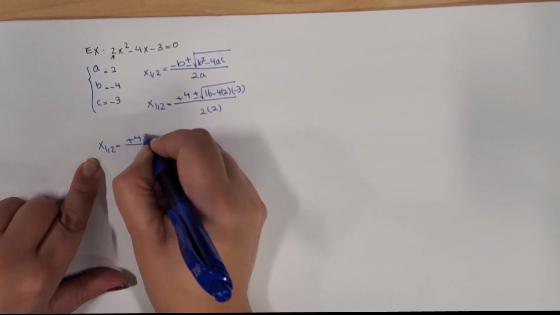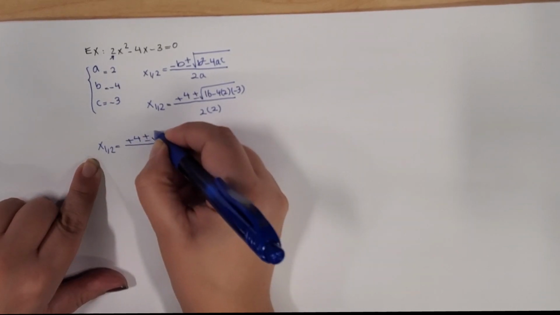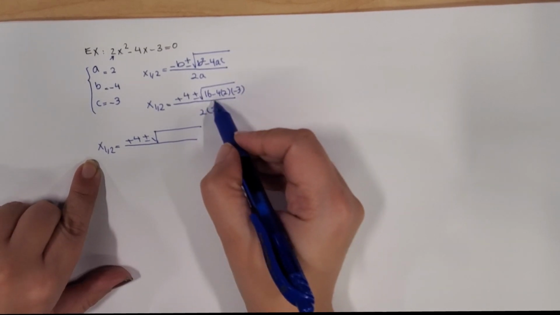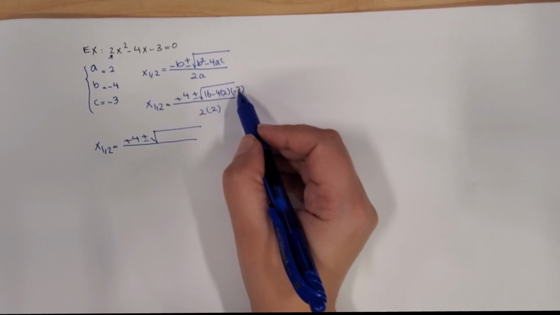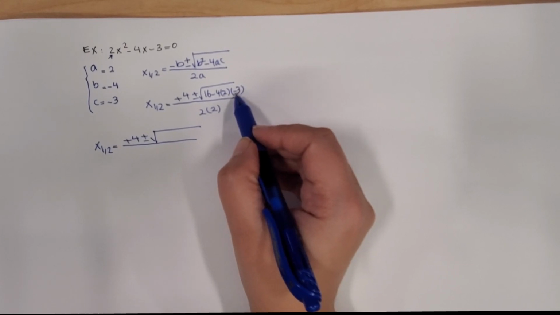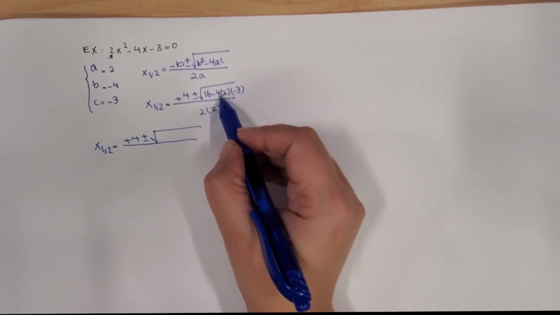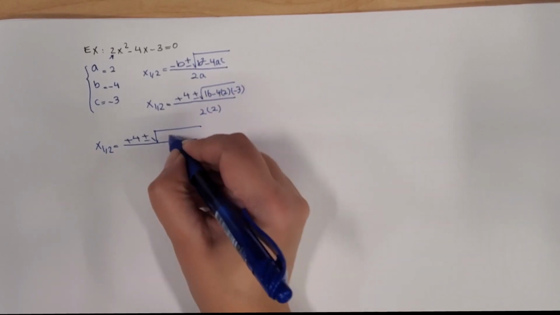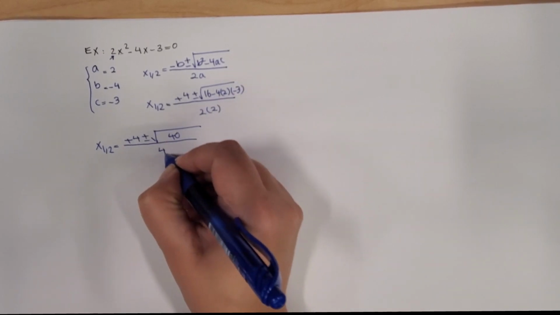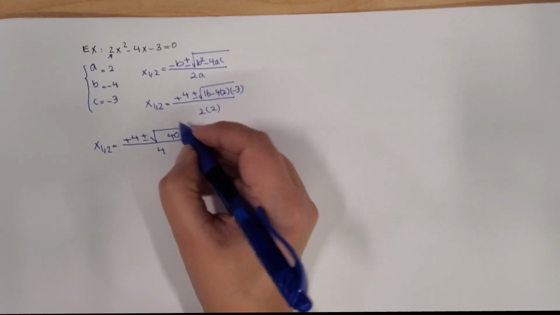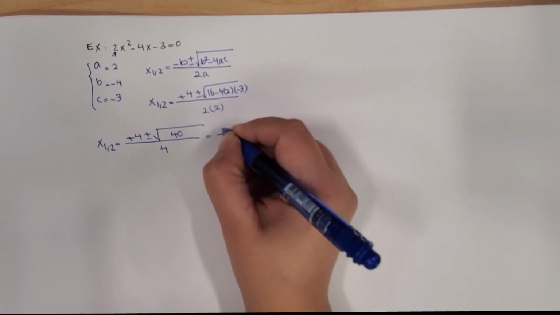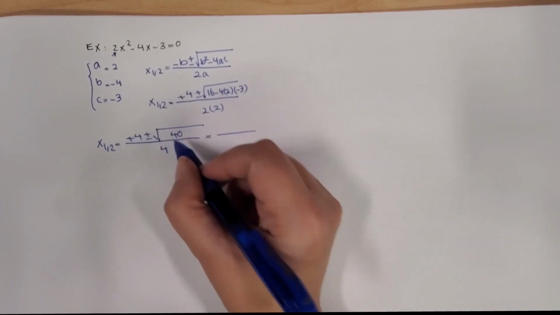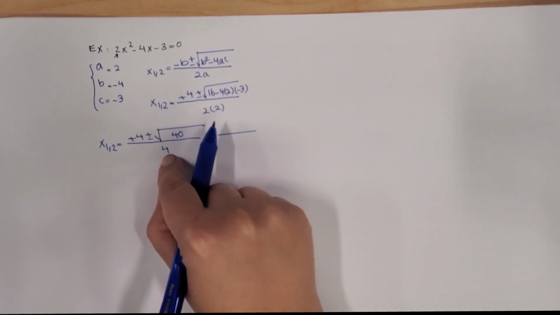Let's see what's the value under the radical. So it is 16 minus 8 times 3, 24. It's plus 24 plus 16 is 40. 40 over 4. So 40, I can write it as 4 times radical 10 because from here we're trying to simplify it.